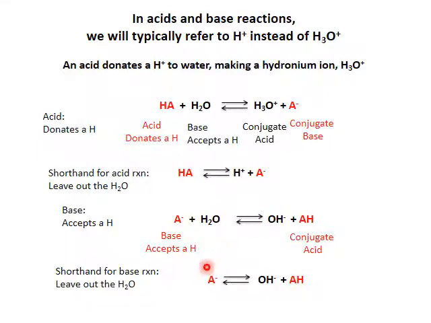And we can abbreviate that as shown here. But we will not be using this convention. We're going to focus on this one and think of everything in terms of an acid dissociating a proton into the aqueous solution to form the conjugate base.